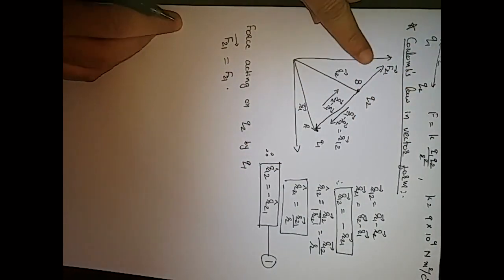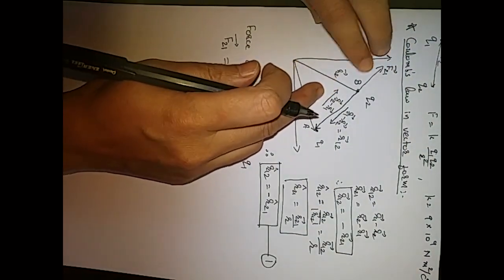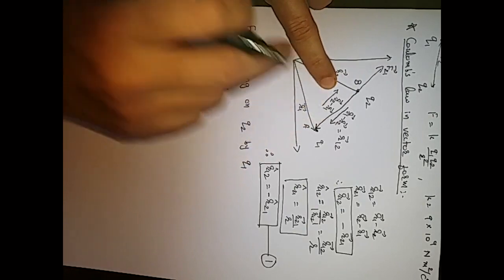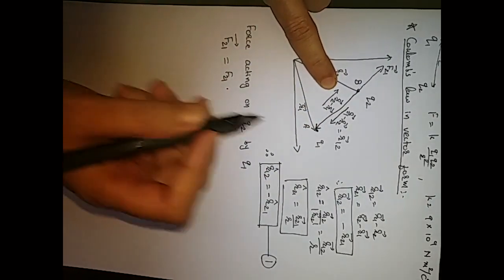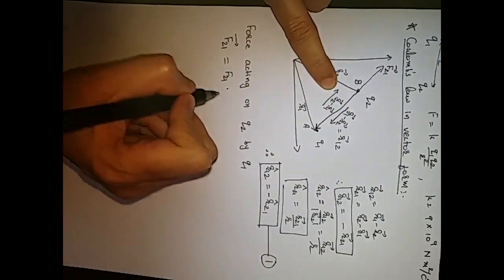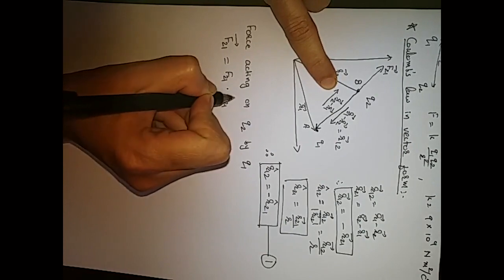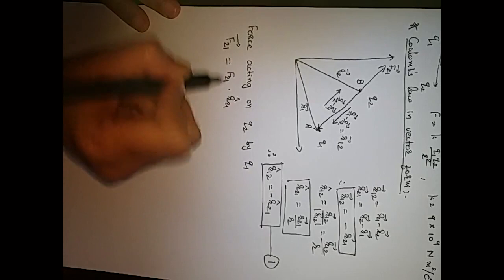Now you can see this direction of F21 is the same as the direction of R2 minus R1, right? To mention the direction we use a unit vector. So the direction of F21 is the same as the direction of R21, so I will write unit vector R21. Why can I write this?